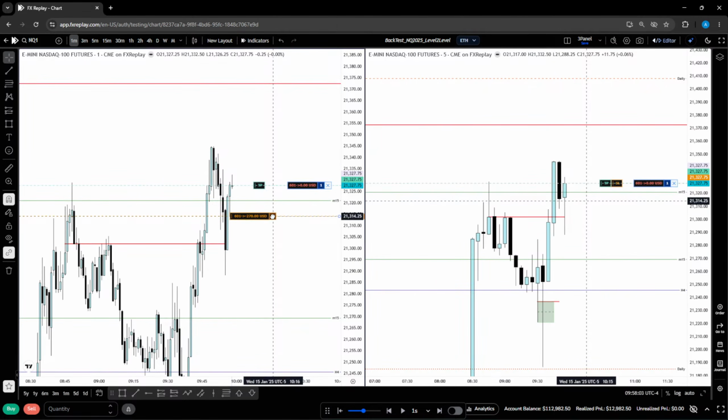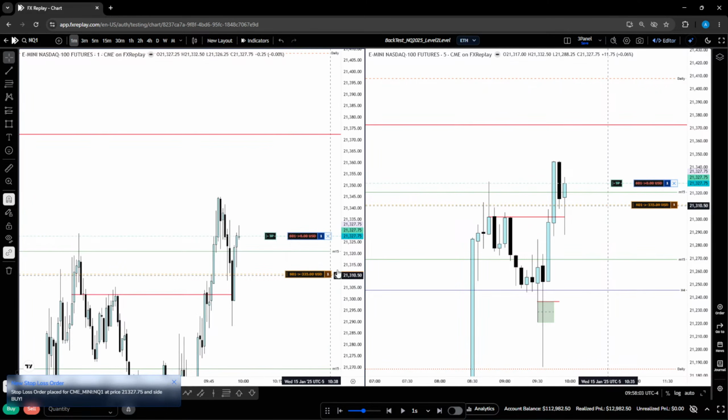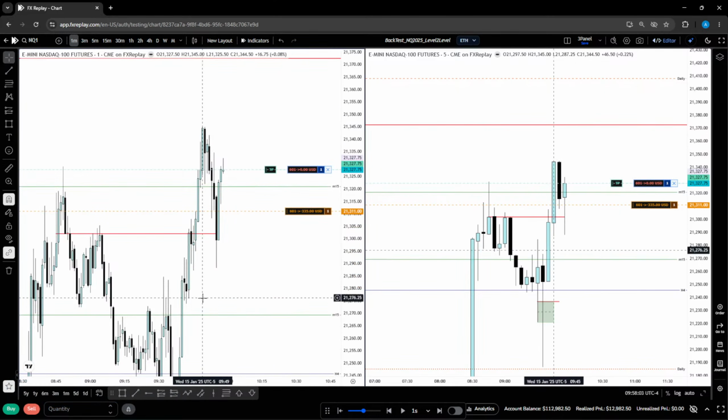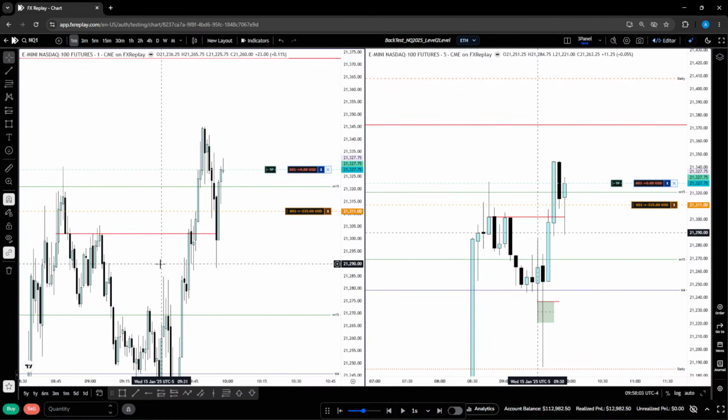Stop loss should go somewhere around here, maybe. Not big. Because if you want to go much lower than this, then we're going to go for these equal lows.